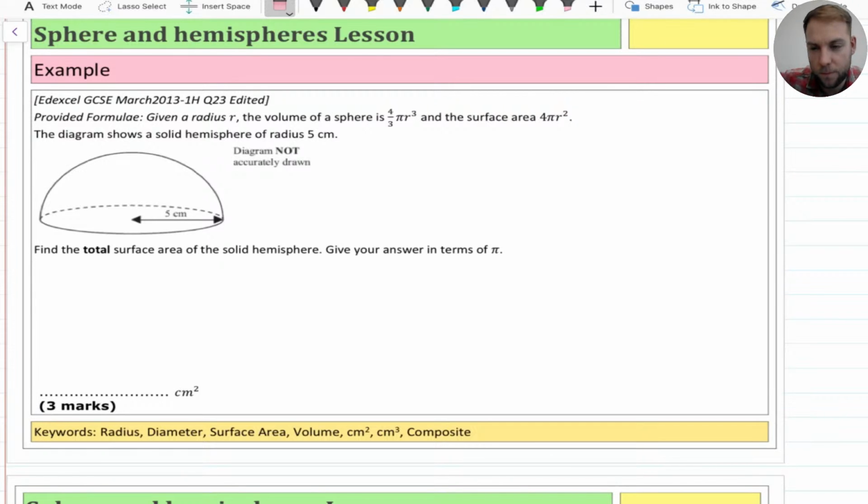So, you might think, in a similar way to the volume, to find out the surface area of a hemisphere, you literally just chop it in half and divide by 2. And I'm going to explain to you why that's not the case and talk to you about what we need to do.